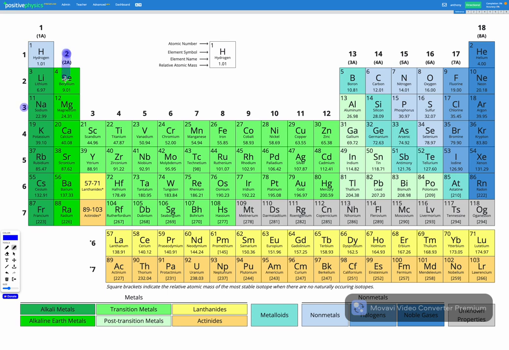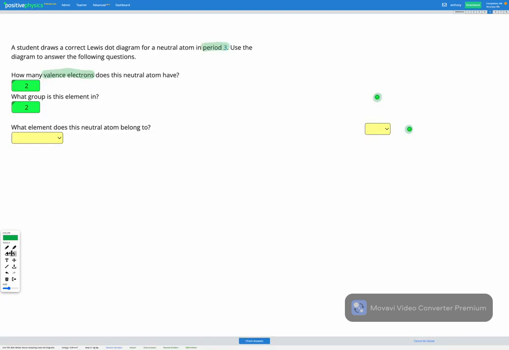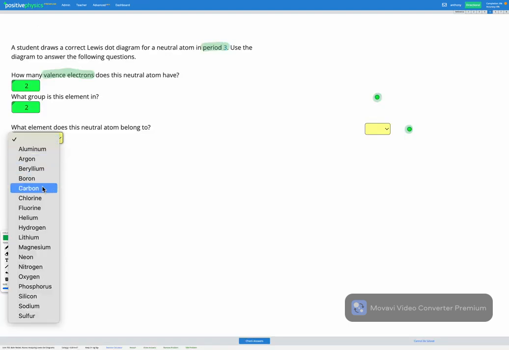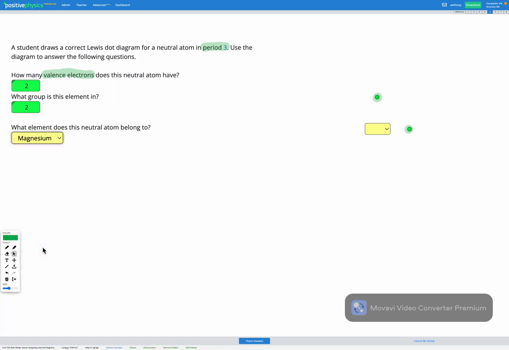So we know it's going to be in this group and this period, and magnesium there is the element that's in both group 2 and period 3. So we know that magnesium is going to be our element. And so we can complete our Lewis dot diagram, because the thing missing here is that the element symbol should be in the middle of our diagram.